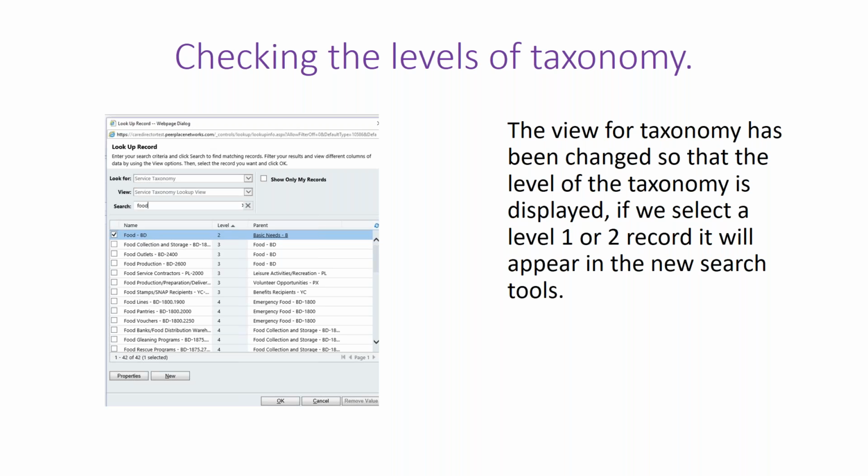It just probably will not have a filter on it. Okay? If you're adding something that is a level 2 or 3 taxonomy record, it will show up as a filter in that category search. And that's the primary difference from how it works today.